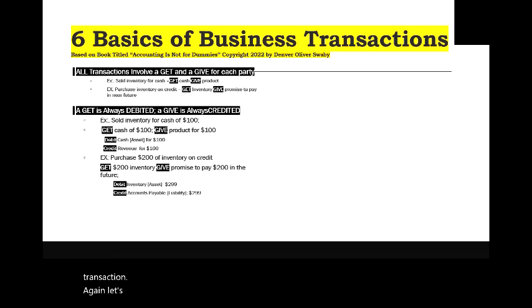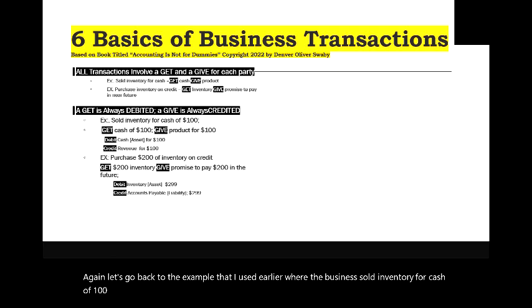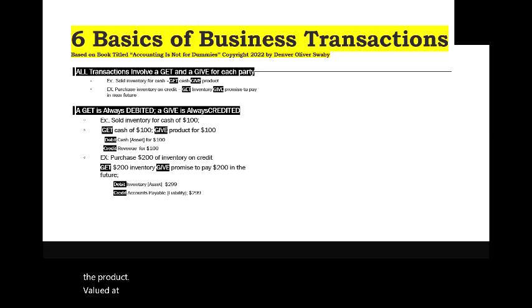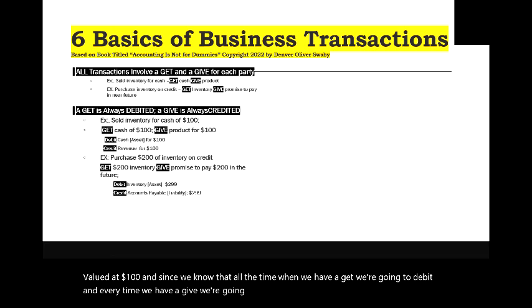Again, let's go back to the example that I used earlier, where the business sold inventory for cash of $100. We can identify the get, which is the cash of 100, and we can identify the give, which is the product valued at $100. And since we know that every time we have a get, we're going to debit, and every time we have a give, we're going to credit, we also then know how to record this transaction from the point of view of the seller.